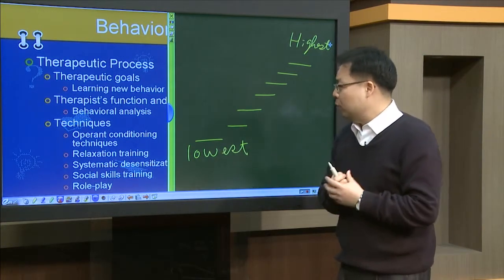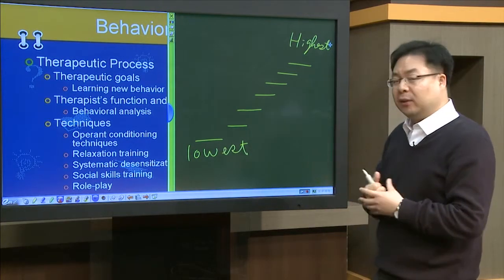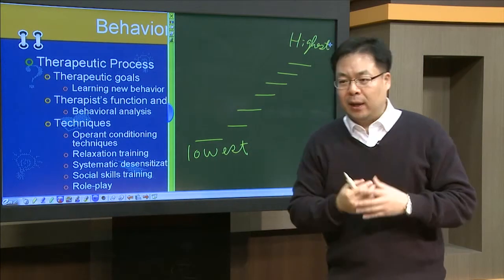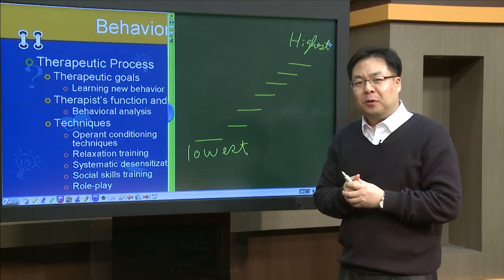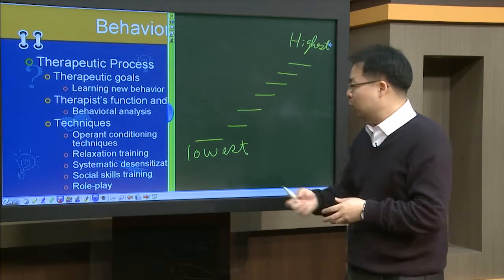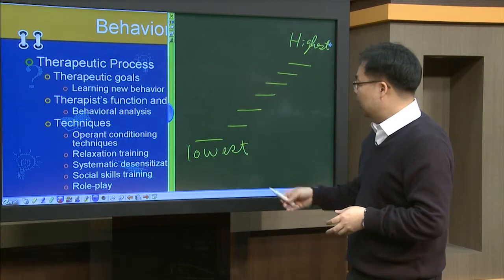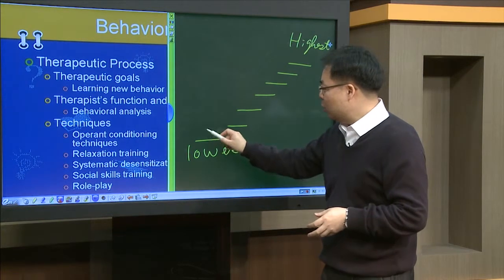So the first one, the lowest anxiety level, for example, test anxiety. Okay, the teacher announced the midterm exam date. That was the lowest. And so that was stage 1.